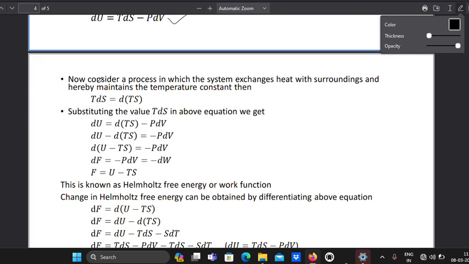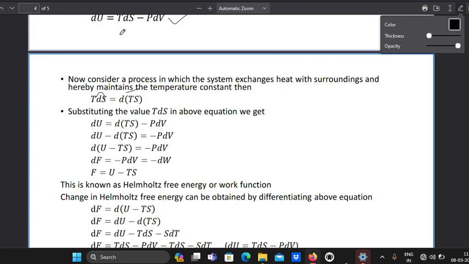Now consider a process in which the system exchanges heat with the surroundings while maintaining constant temperature. Then we write TdS as d(TS), and it is written like this.